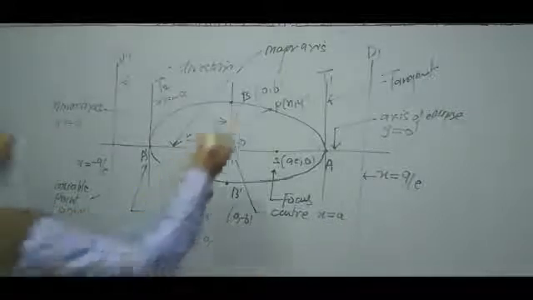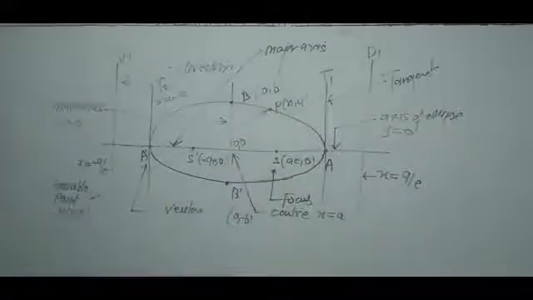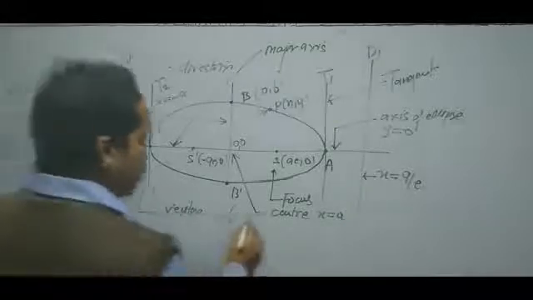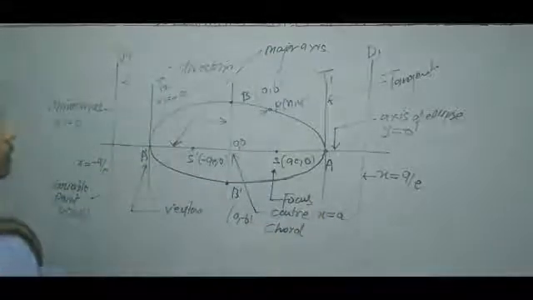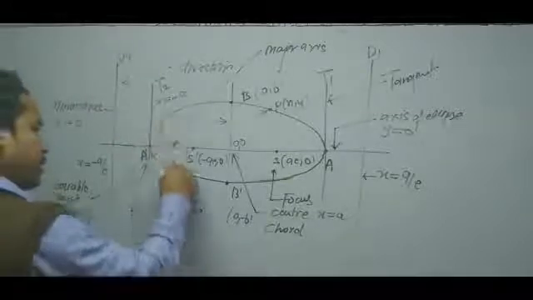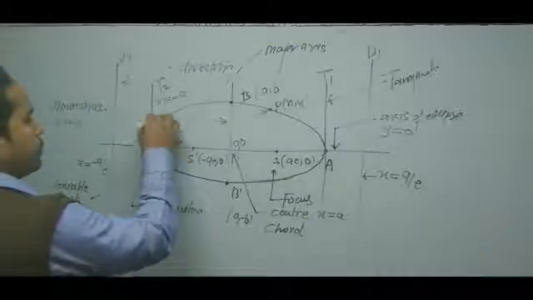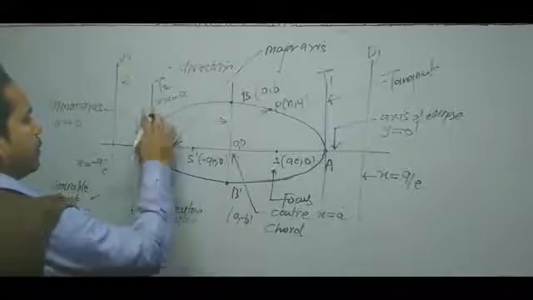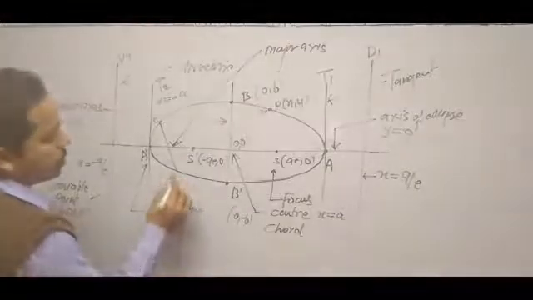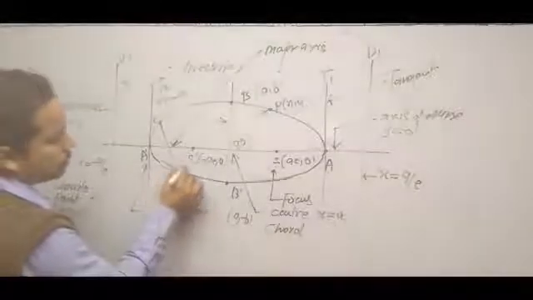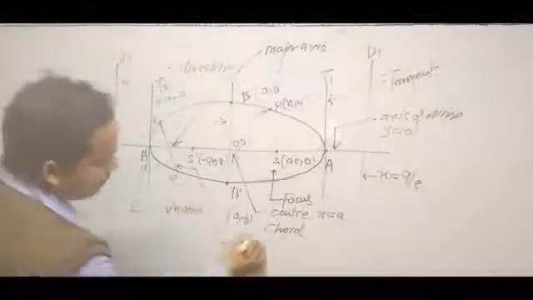Now suppose I am talking about chord. So where is the chord? See, suppose you are joining any two points. Suppose these are points C and Q. So line CQ is a chord.